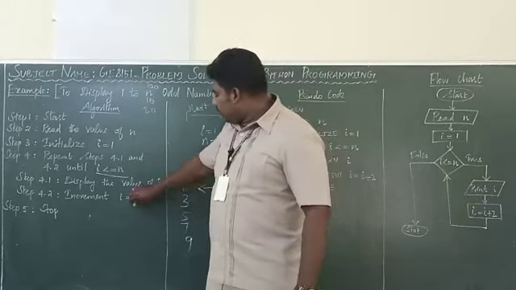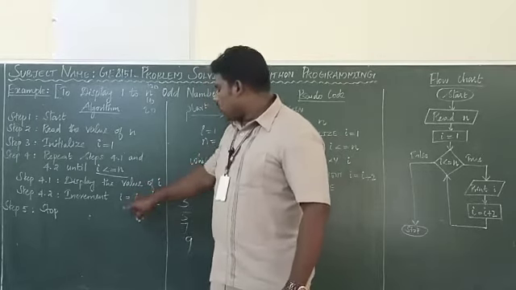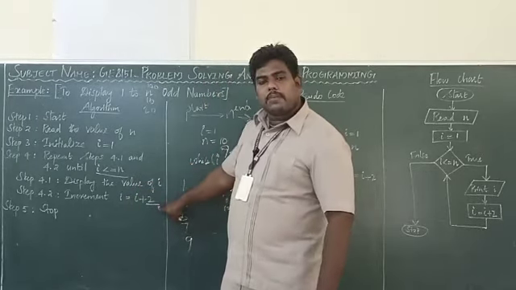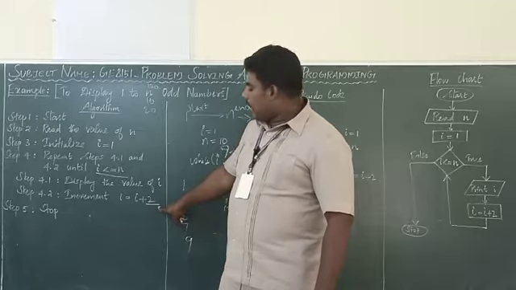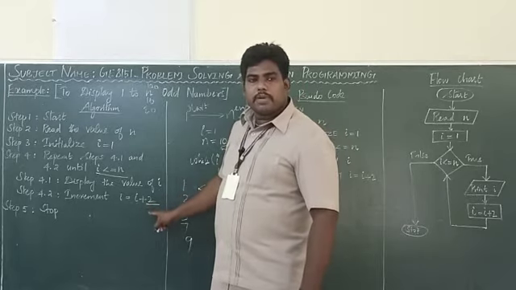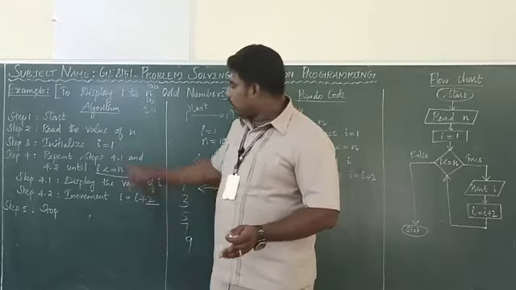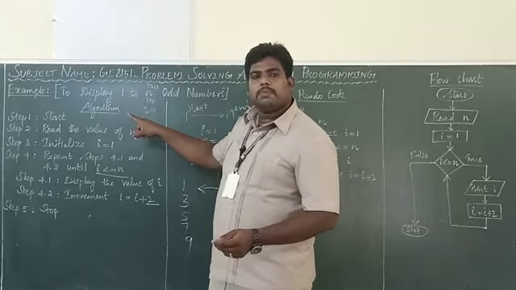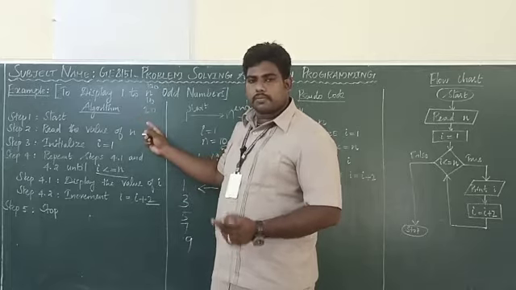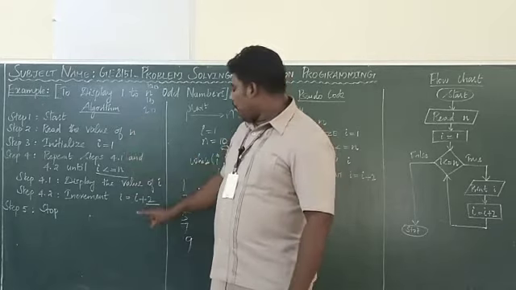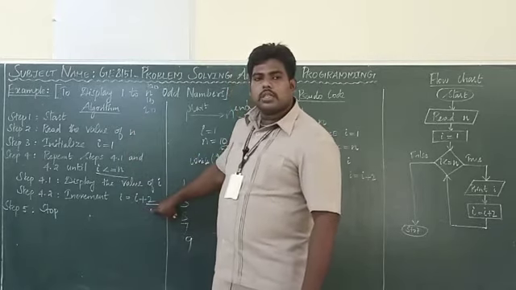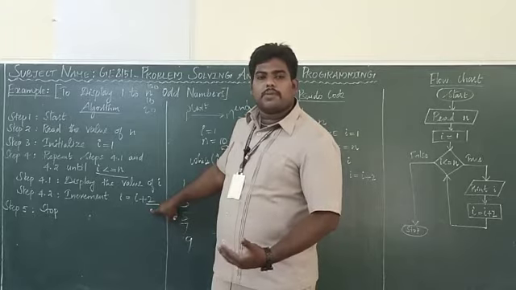Then I am incrementing, I equal to I plus 2. Why am I putting 2? As I want to print the odd numbers, right? So your starting position is 1. 1 plus 2 means you will get 3. Otherwise, for a normal increment we would put I plus 1 only.